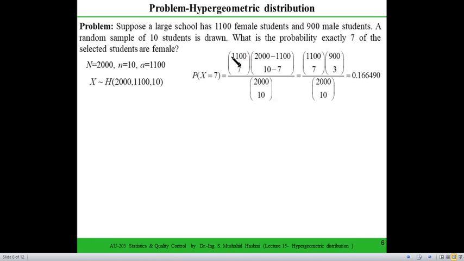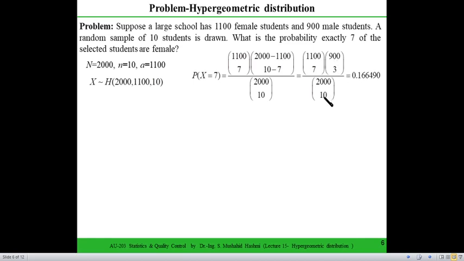So 1100 are females, choosing 7 females, and obviously the males would be out of 900, which is 2000 minus 1100, and out of 900, 3 would be your male students. So 7 female, 3 male, altogether 10 are picked.